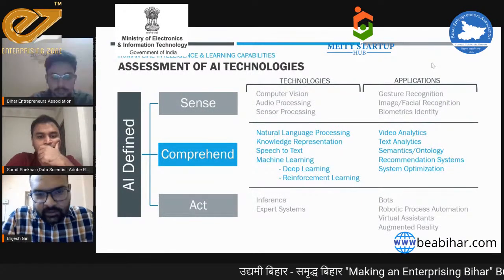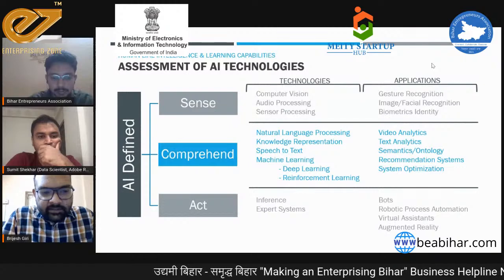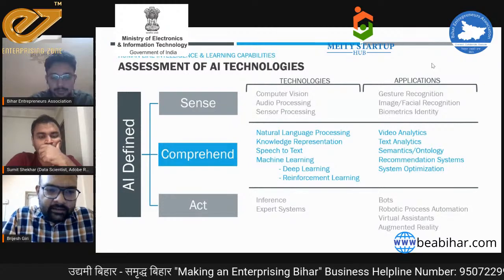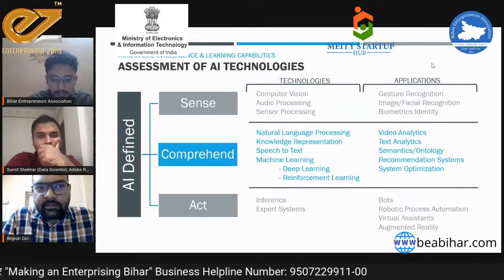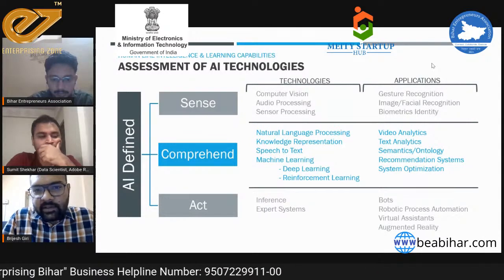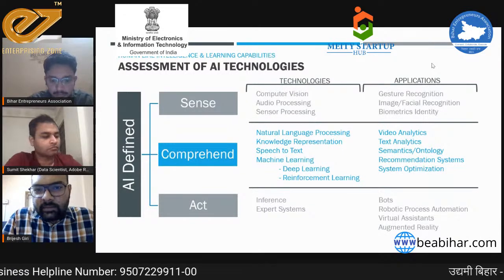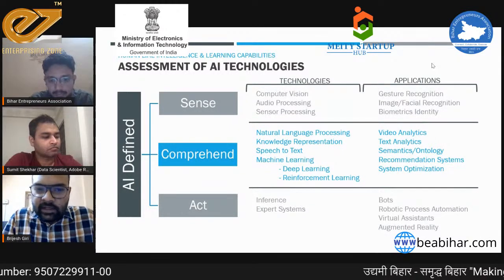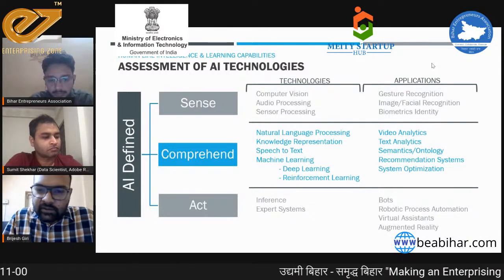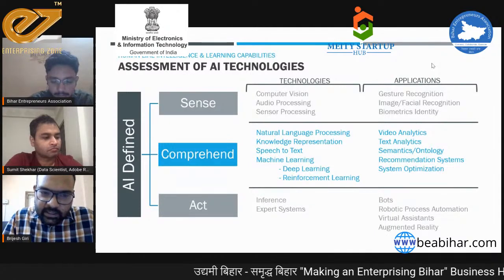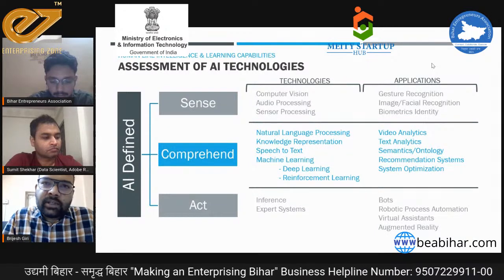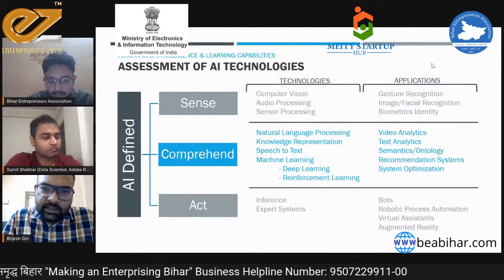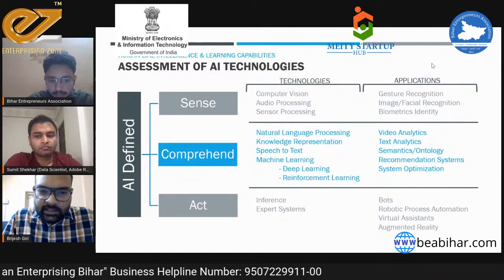Okay, so let me talk about the broad classification of AI, and what are the technologies and what are the applications that we use in our everyday life, but we might be unaware of how AI is being leveraged in those applications. If I have to broadly classify AI, there are three components to AI systems, right? The first is to sense.